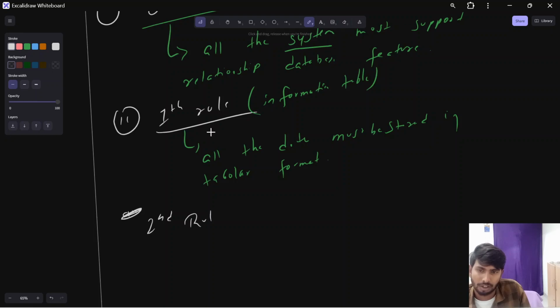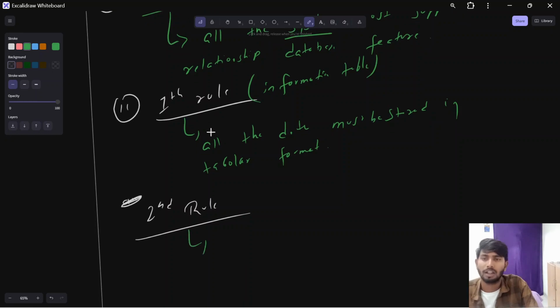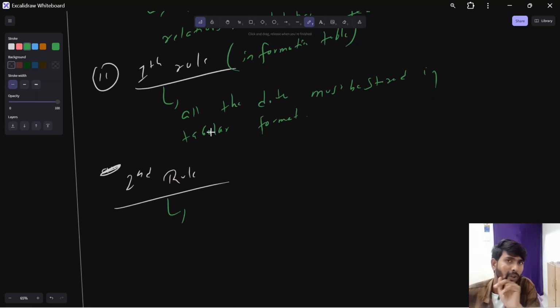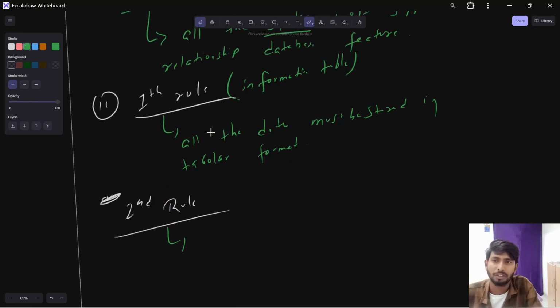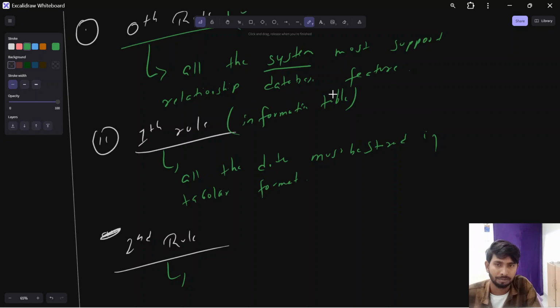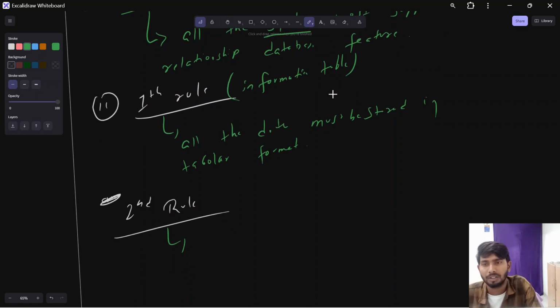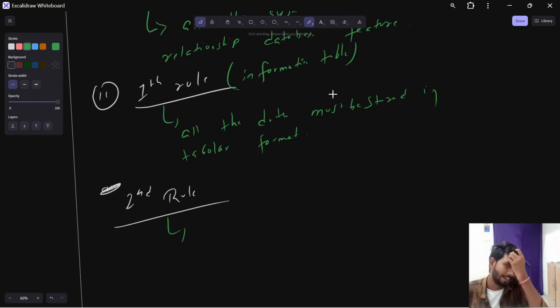In the second rule, first, for the system, all systems have the feature of relational database. And the first rule, information table, says all the data must be stored in the tabular format.